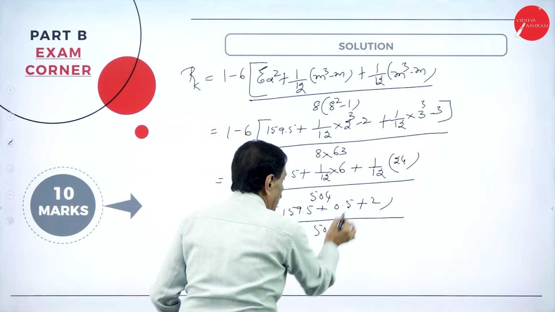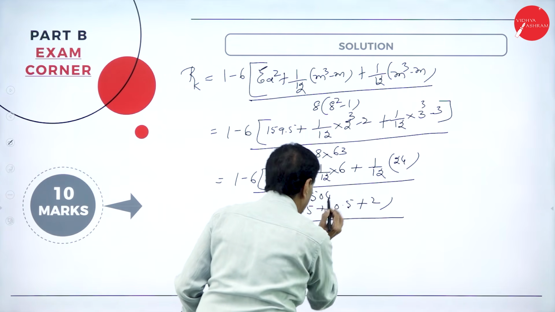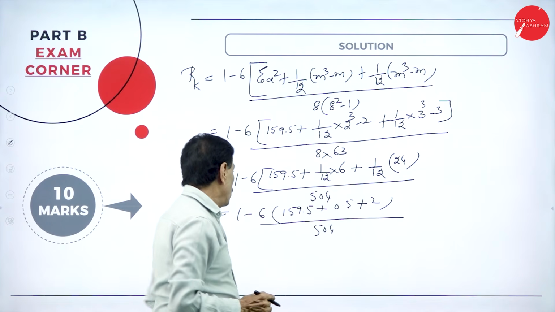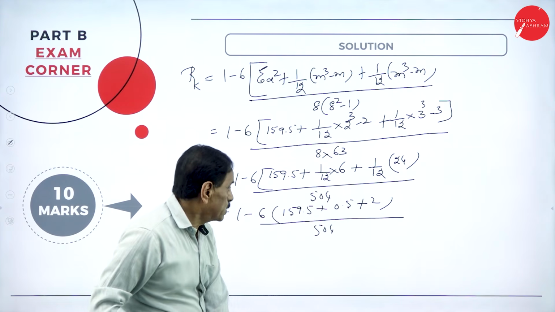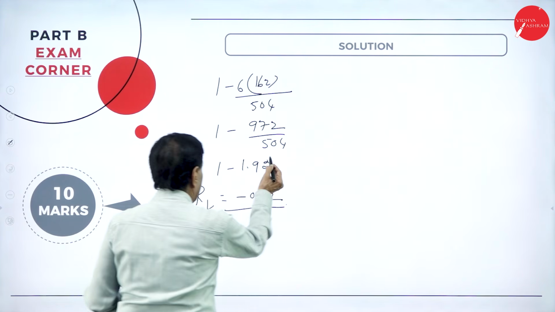This is 0.5 plus 2, 159.5 plus 0.5 is 160, plus 2, 162 into 6, 972 divided by 504.